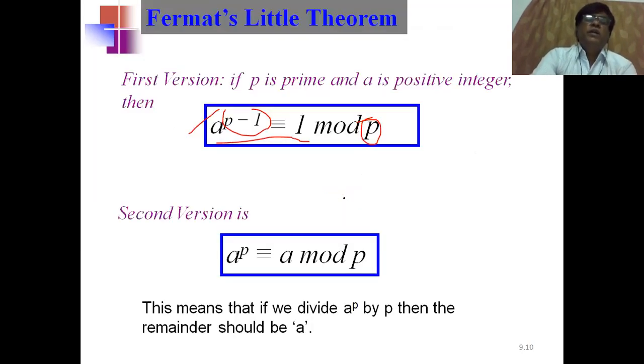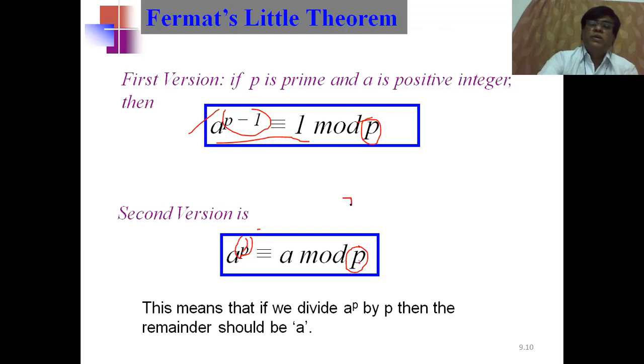Fermat's Little theorem. So if you see the second version of the Fermat's little theorem, the relation between the prime and A is like this. A power P is congruent to A mod P. That means if you have a prime number here and the same prime number here, the result is always equal to A mod P. That means you should have the same prime number at the power place and the modular place.